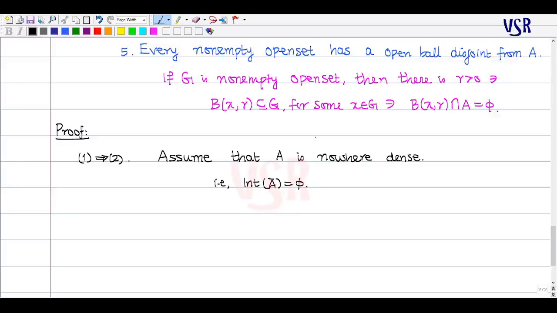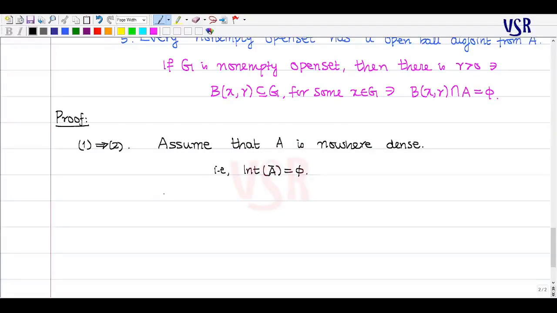Okay, இப்போ என்ன ப்ரூஃப் பண்ணணும்? To prove A closure does not contain any non-empty open set.